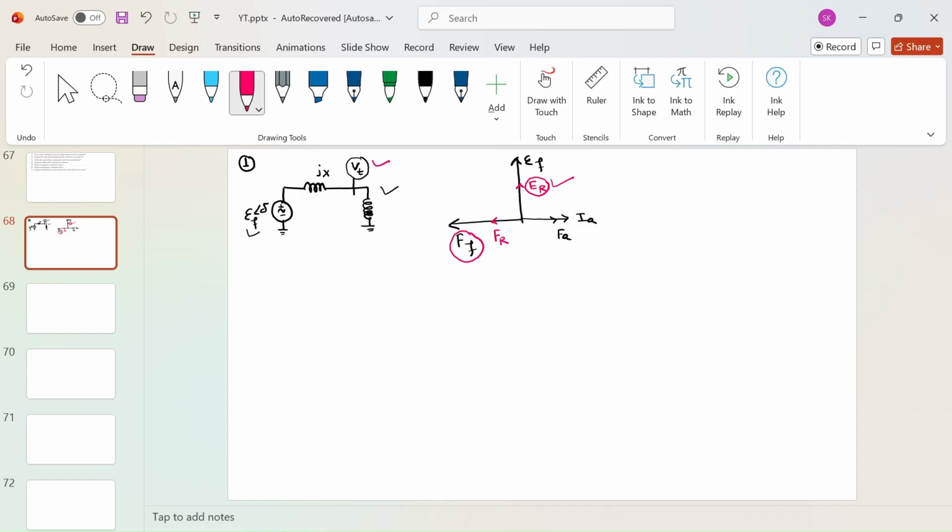Now if you suddenly disconnect the inductive load, then what will happen? Your armature current Ia will simply become zero, and the mmf that was created by the armature current will also become zero. But you have increased your field excitation so high to compensate the armature reaction.